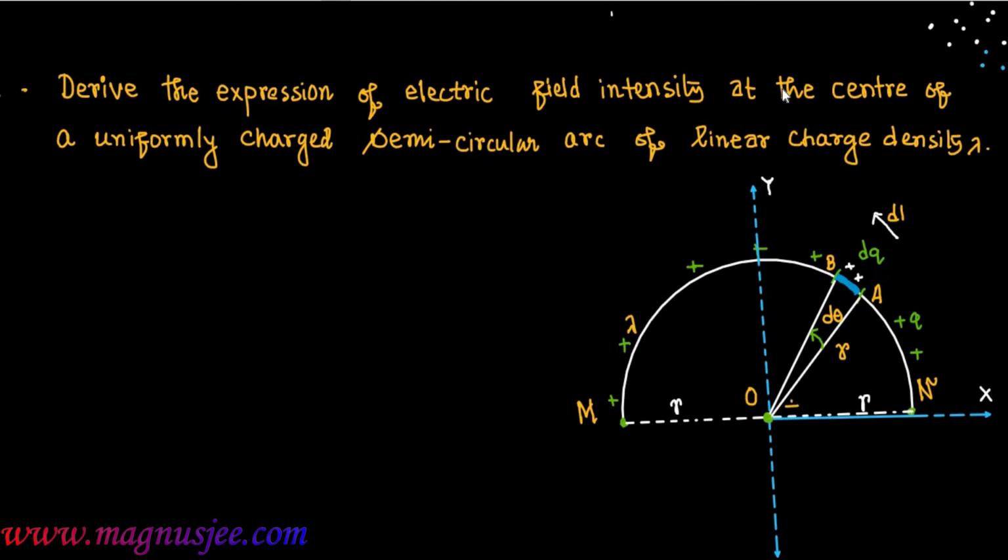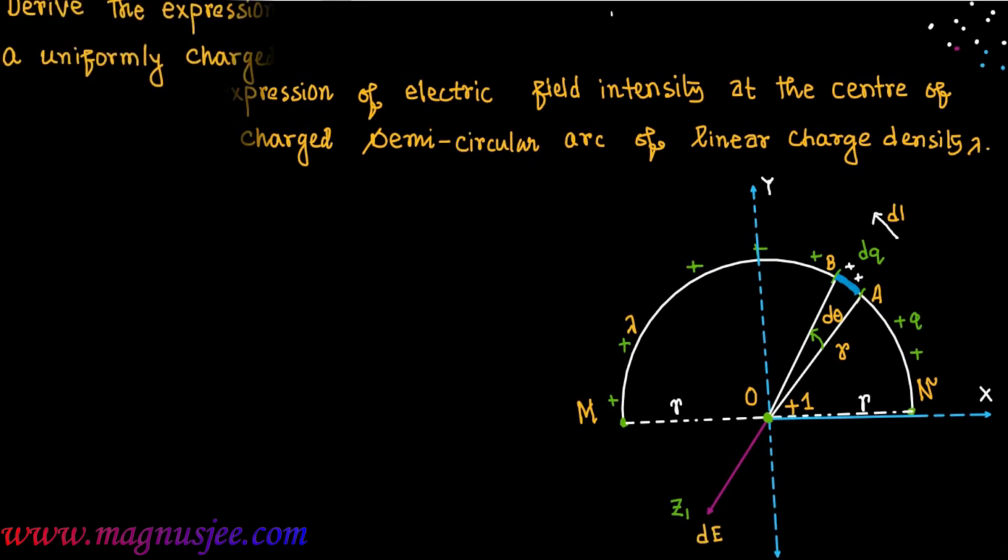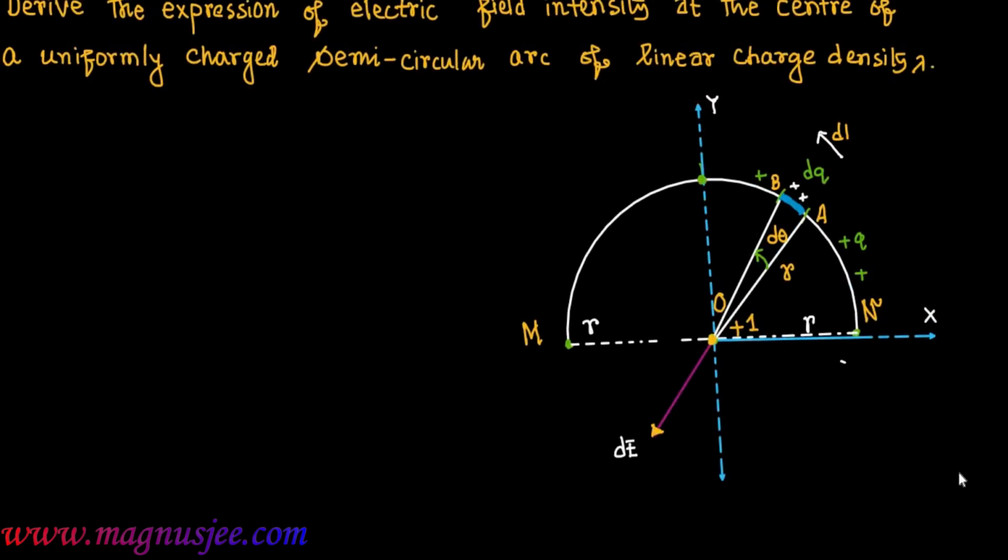We can place unit positive charge, +1 charge at the center O, and field intensity at the point O due to the small portion AB is dE. Along the direction OZ1, field intensity dE is due to the small elementary portion AB of the arc. We can denote a point P. At the point P, theta equals 0 degree.